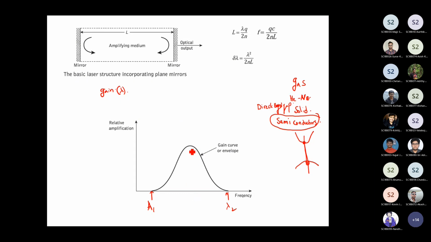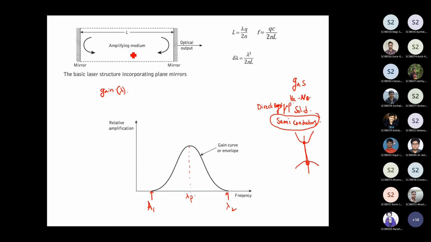So the peak gain happens at a certain wavelength, let me call it lambda peak. All right. So this is the response of this gain medium.